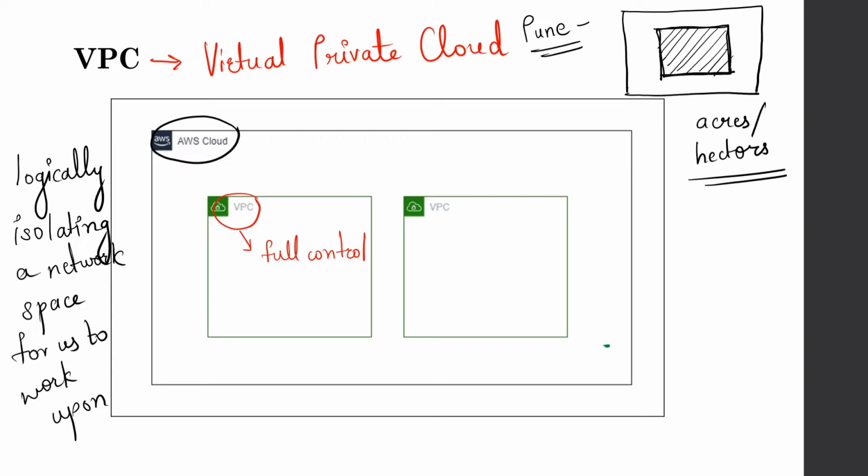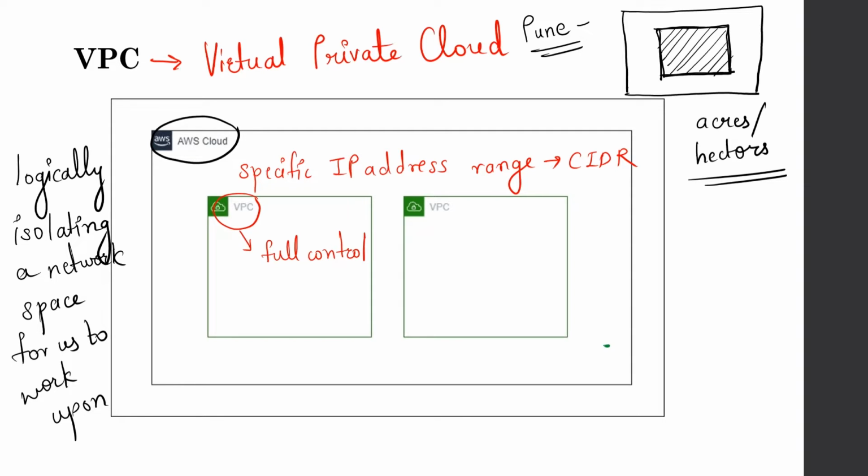You also assign a specific IP address range to it, which is also known as CIDR, classless inter-domain routing. Okay, so we don't need to go deeper in this. You just need to understand that a particular IP address range is being allocated to this particular VPC. Within that range only you are going to allocate resources.